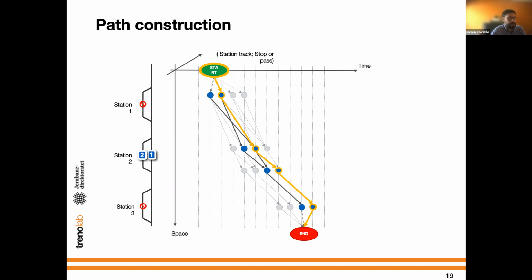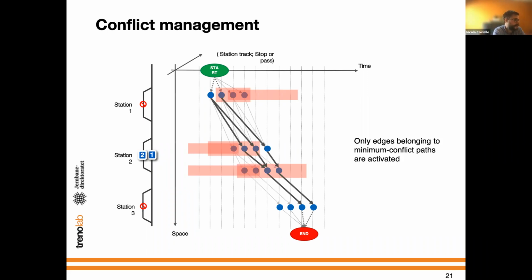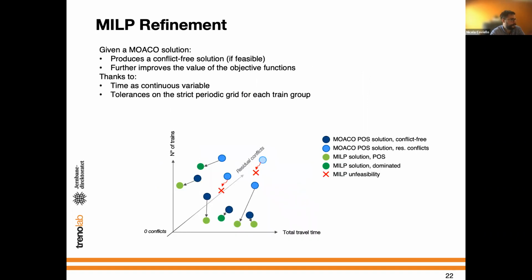But we could have the case in which the already scheduled trains involve such a high infrastructure utilization that no conflict-free path exists. In this case, we limit the search of the ants to those edges belonging to the path with the minimum number of residual conflicts.